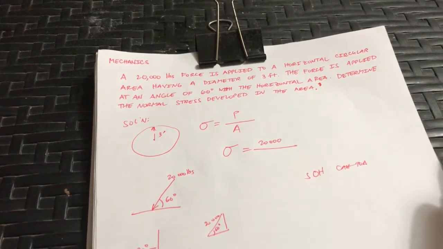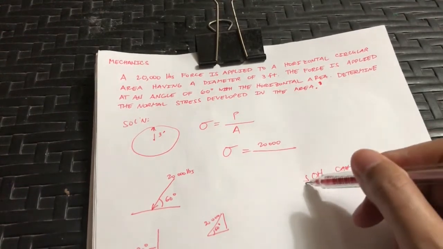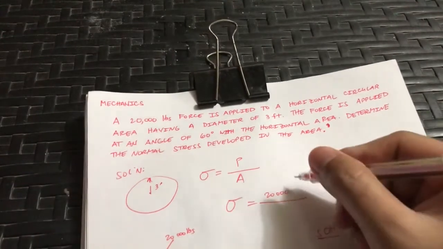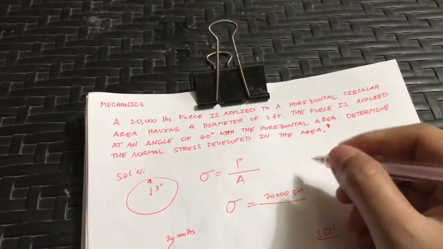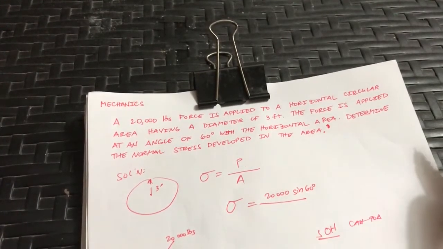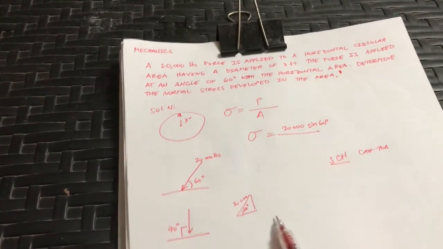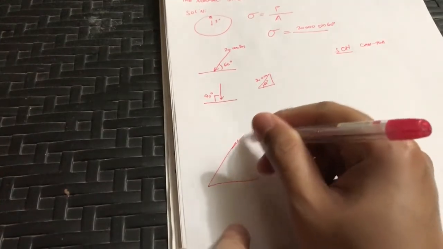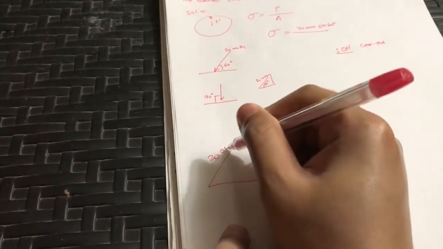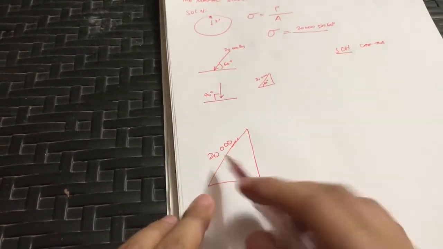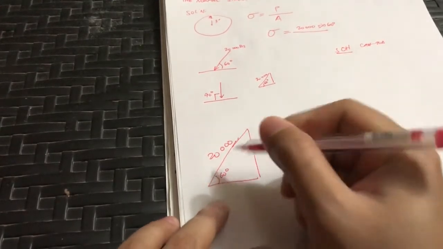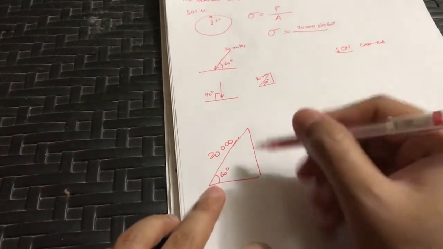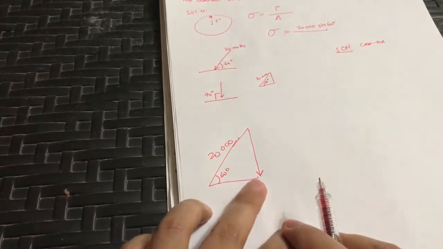If you remember your trigonometry SOHCAHTOA, that is 20,000 sine of 60 degrees. The 20,000 load has an angle of 60 degrees with the horizontal, and what we need is this vertical component.